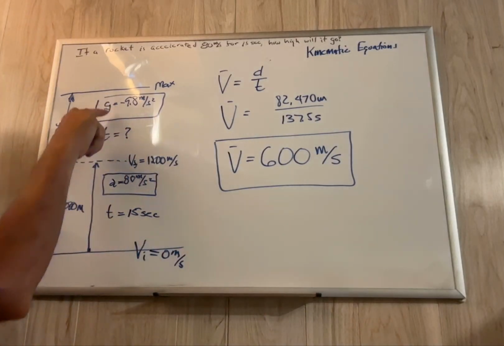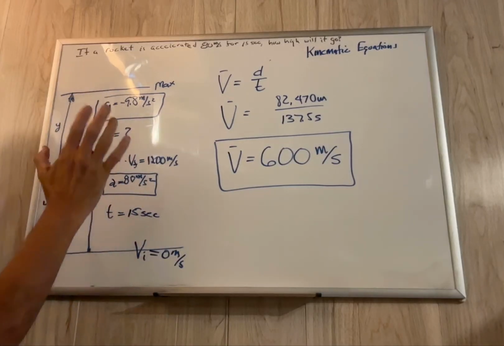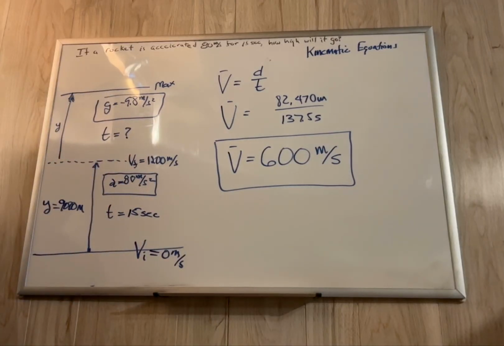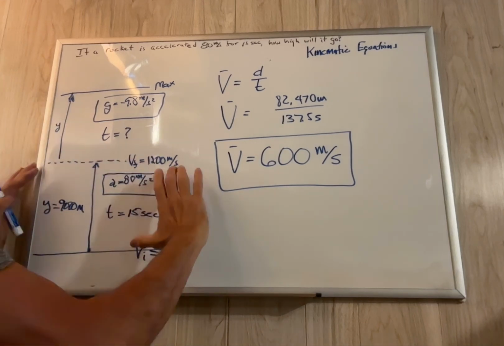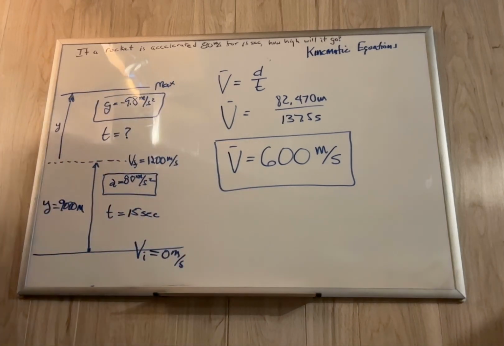Split it up into two sections. Don't try to do the whole thing at once because it will get too confusing. You can actually subtract these two, but I think it's just easier if you break it down, do one section at a time, and make sure that you add those two sections together.